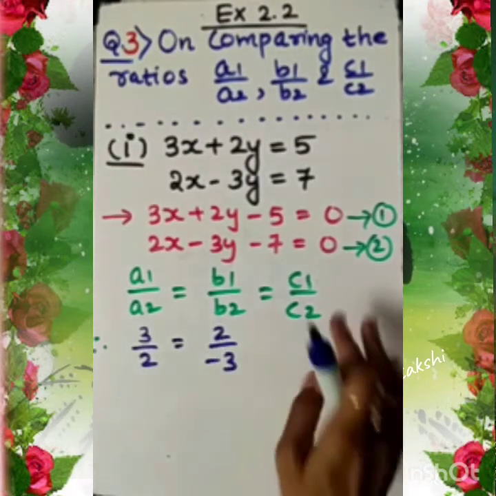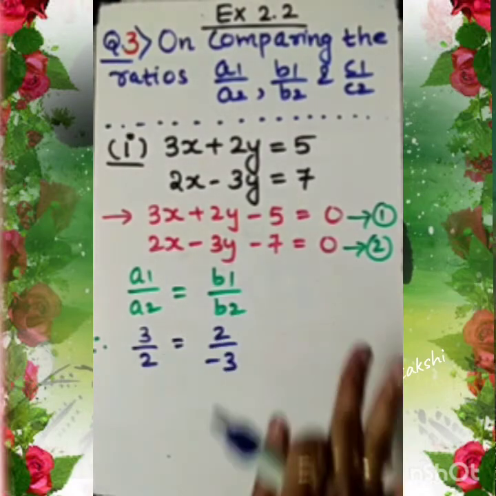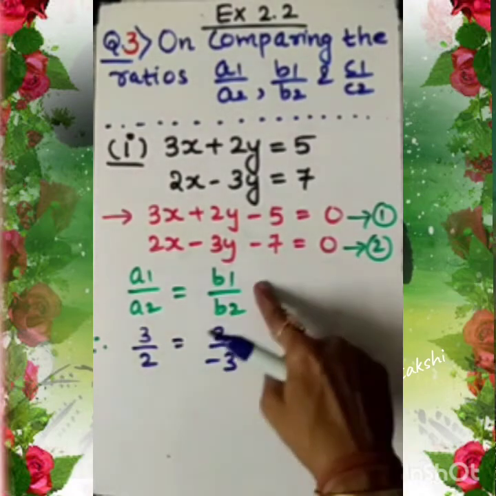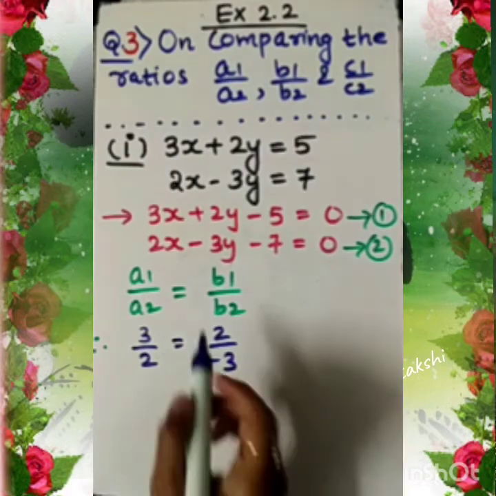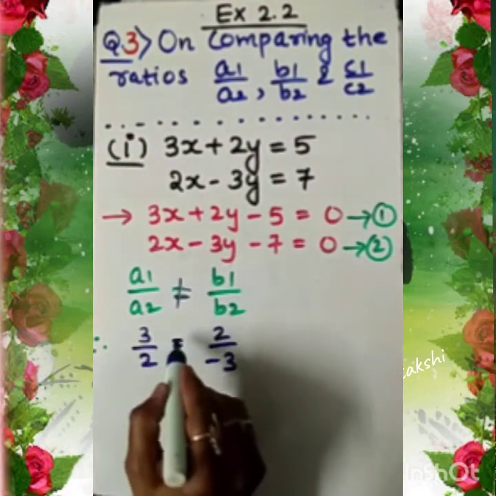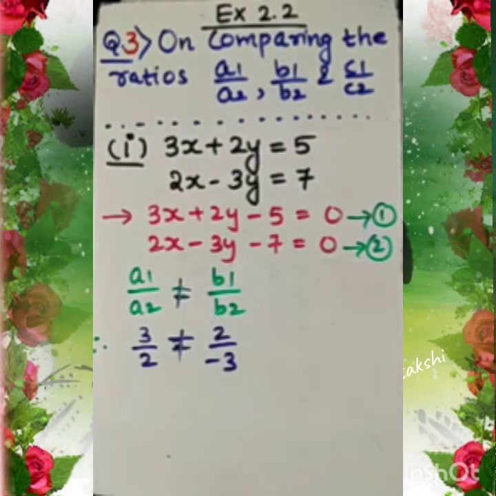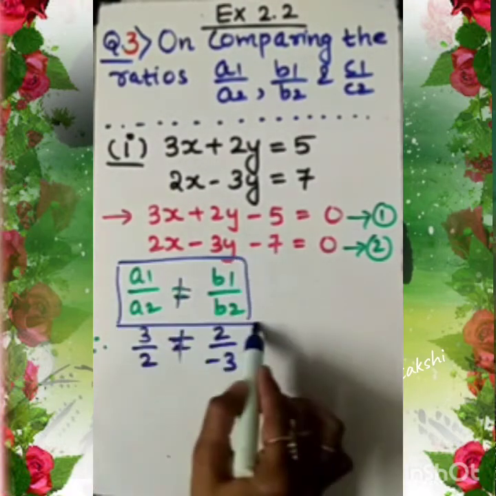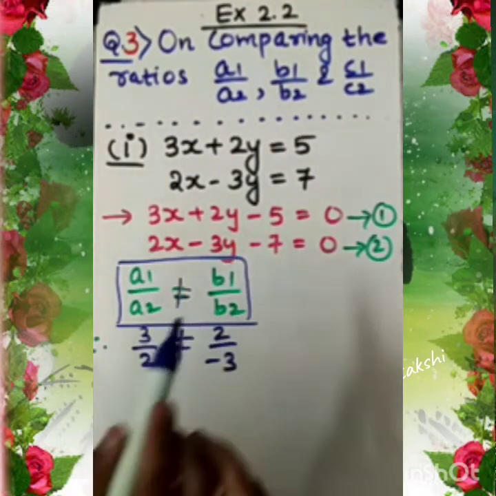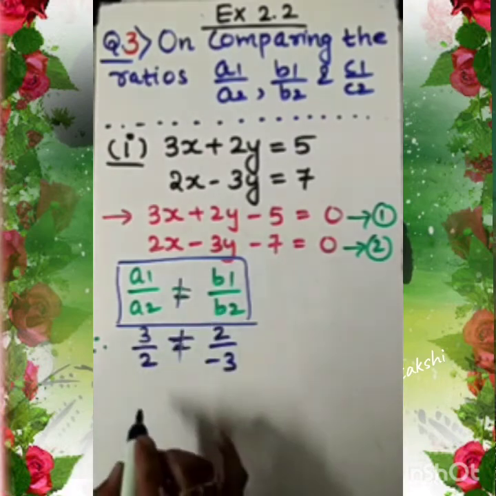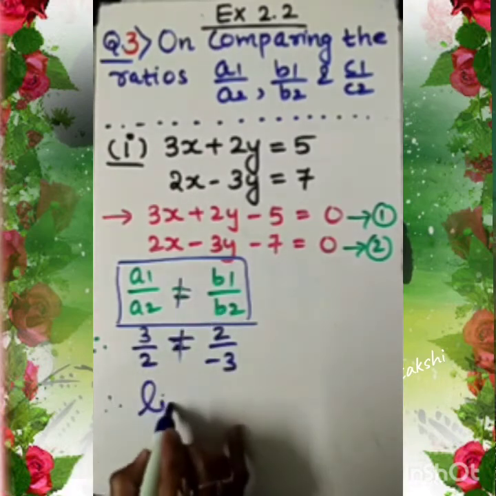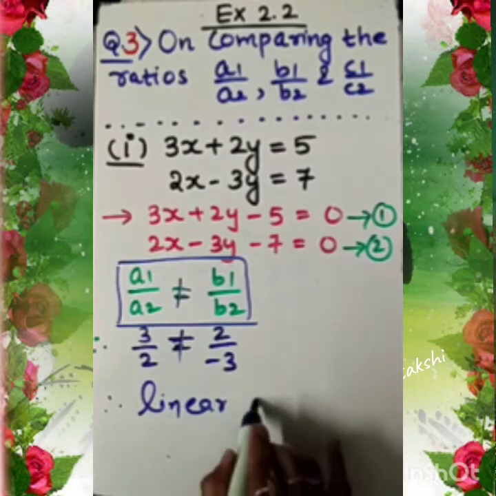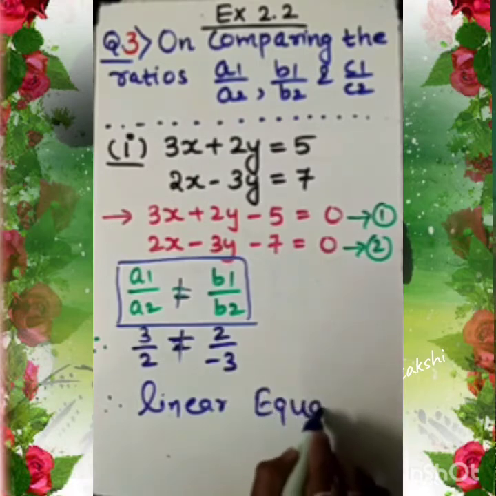These two are clearly not similar, different along with the minus sign. So we need not even mention the third ratio. We should say directly that they are not equal. Dear student, as we know, whenever a1 by a2 is not equal to b1 by b2, it indicates that the given linear equation pair is consistent.